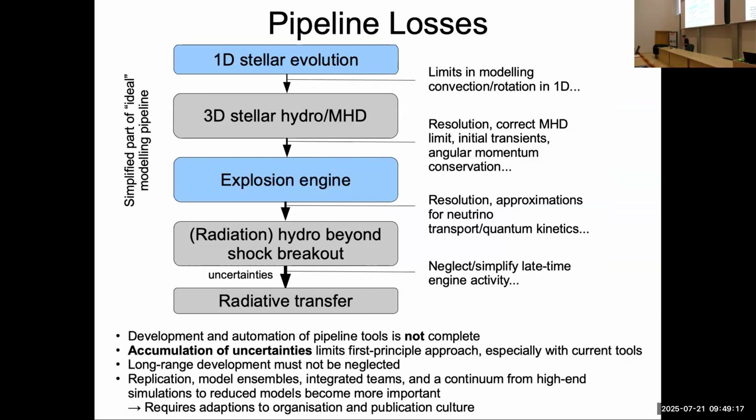So winding up, in terms of the modeling effort, we are facing a huge challenge actually in supernova modeling, because if we really want to push supernova modeling to multi-messenger astronomy, you're facing a pipeline from the progenitors through explosion modeling to light curves and so on, and you will have a lot of efficiency losses in the pipeline, right?